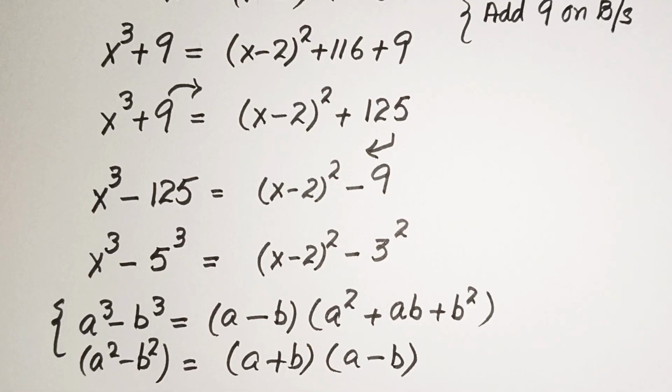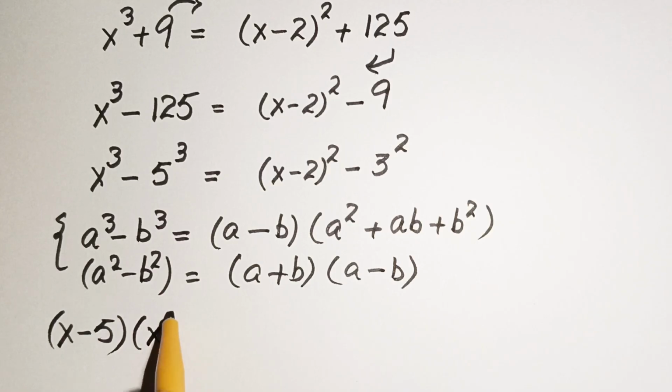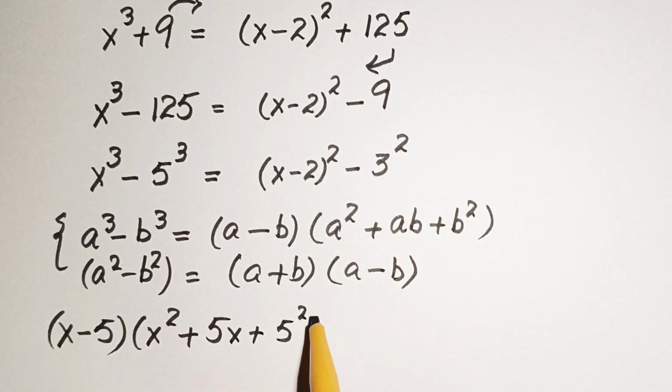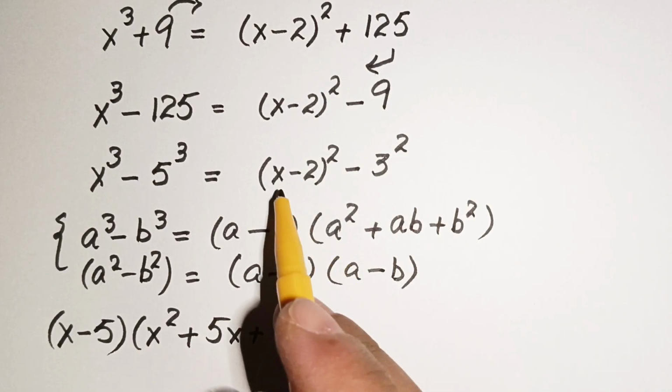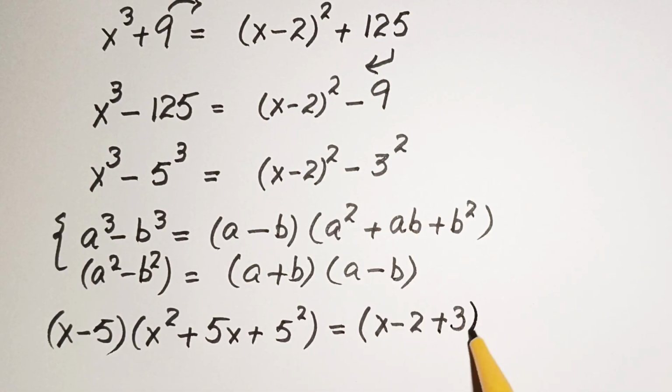Now applying these two formulas, we get x cubed minus 5 cubed will be x minus 5 times x squared plus 5 times x, that is 5x, plus 5 squared, which is equal to, here x minus 2 is our a, so x minus 2 plus b, which is 3, times x minus 2 minus 3.